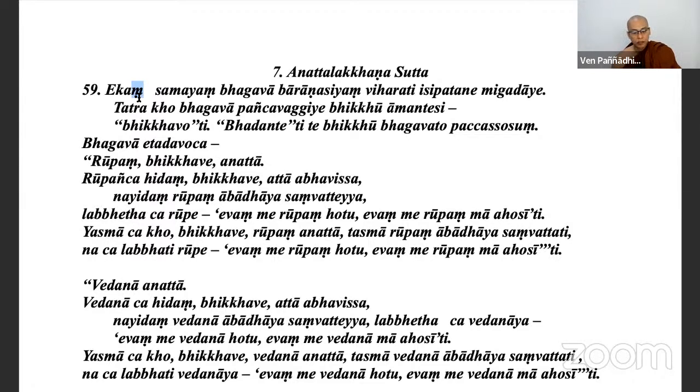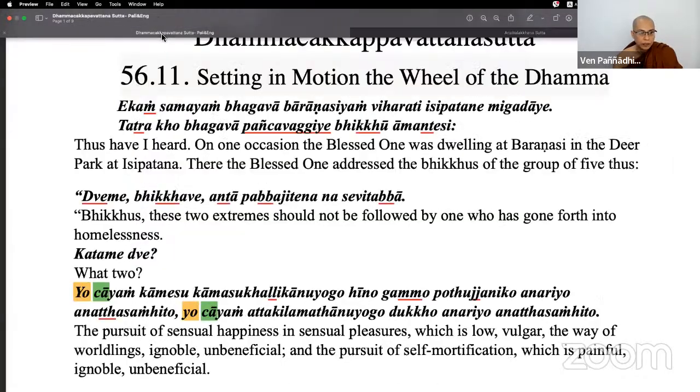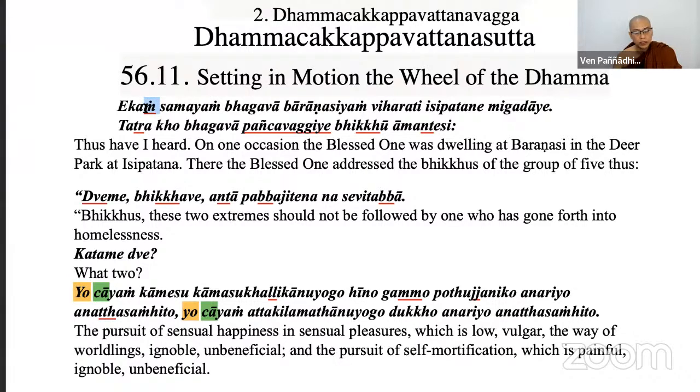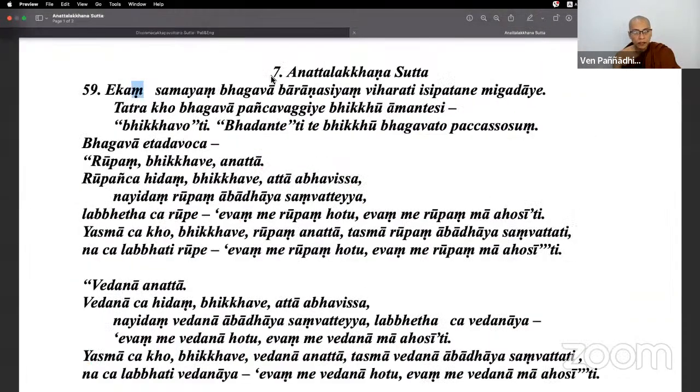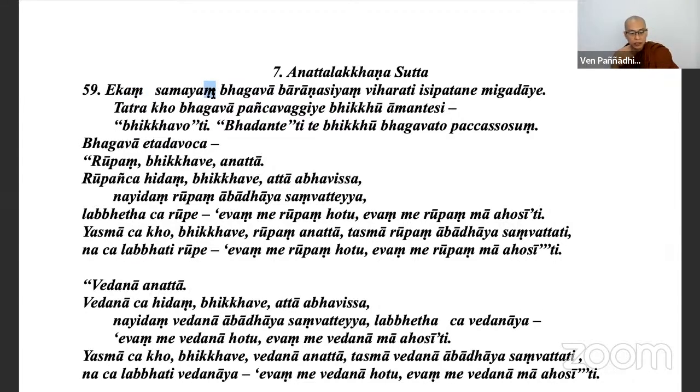You need to know these two systems. In ancient times, some texts wrote the dot under. In some Pāli books you will see Ekaṃ Samayaṃ, and sometimes with the dot above the M. This refers to the Niggahita, which has to be pronounced with the mouth closed. There is no difference, it refers to the same word. The pronunciation is the same, but the writing system can be different.